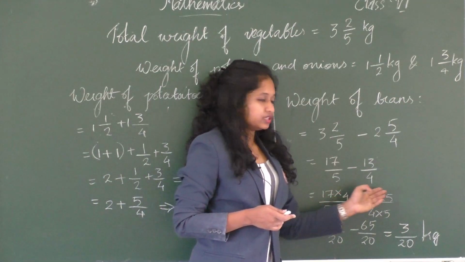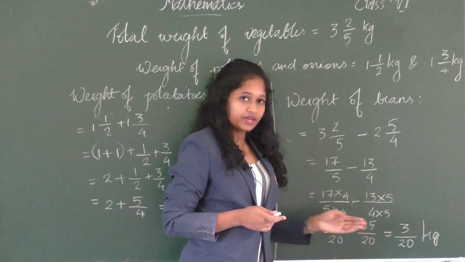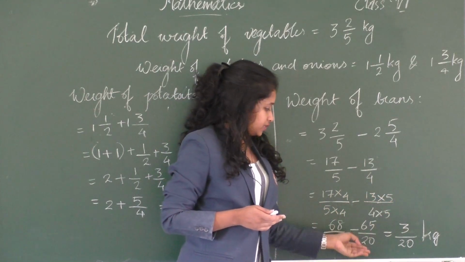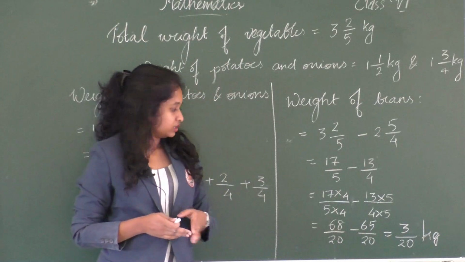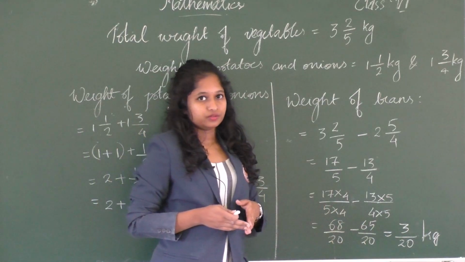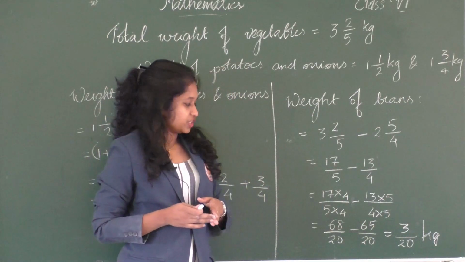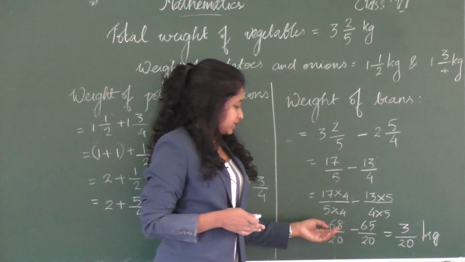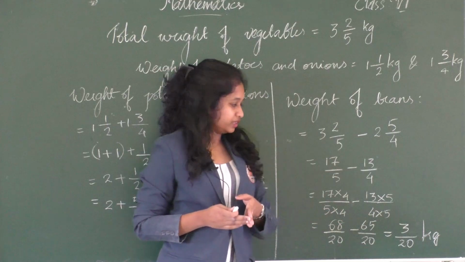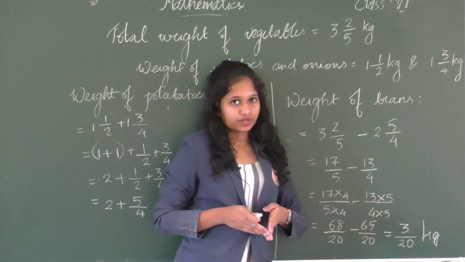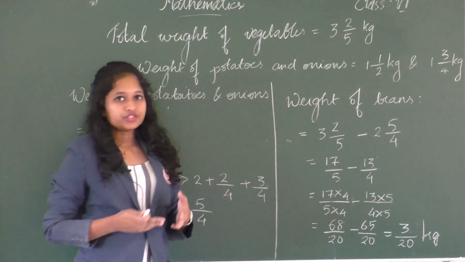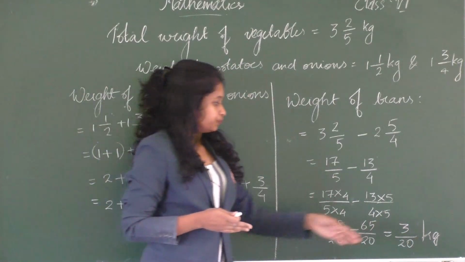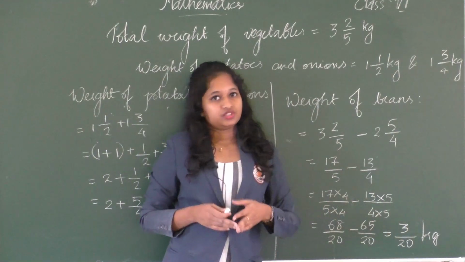And here 13 into 5 is 65 and 4 into 5 is 20. Now we got the same denominator. So we can subtract the numerator. When you subtract 68 and 65 we get 3 by 20. So the total weight of beans is equal to 3 by 20 kg.